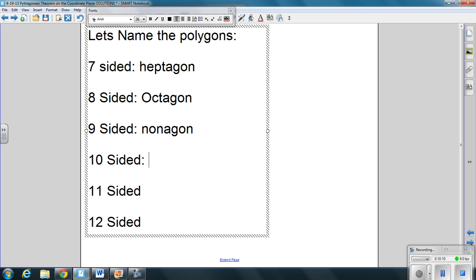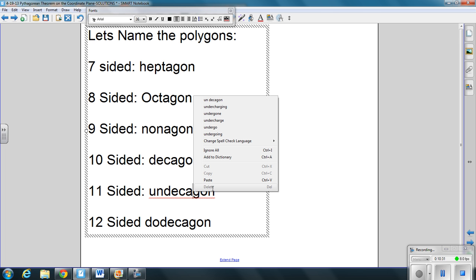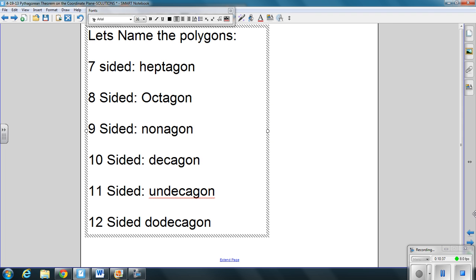A 10-sided figure, we should all know this, root word deca, decagon. An 11-sided figure is called un for 1, deca meaning 10, so undecagon. And a 12-sided figure is called do meaning 2, dodecagon. Okay, so there we have it.